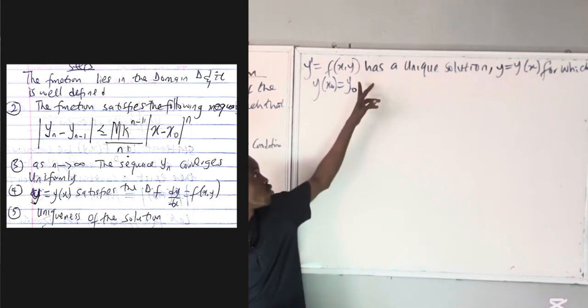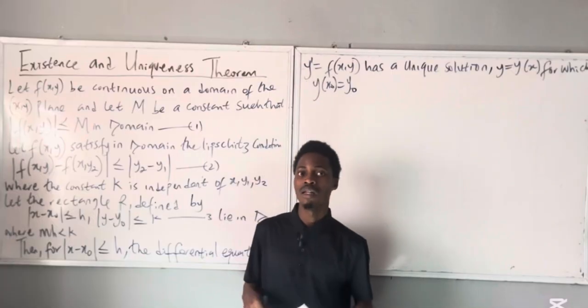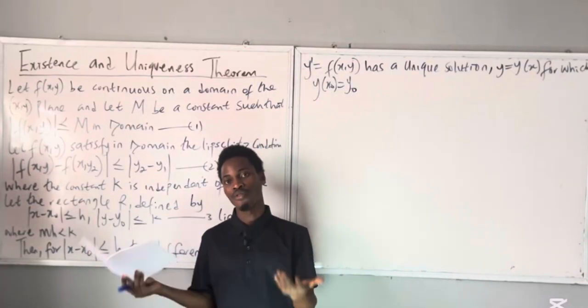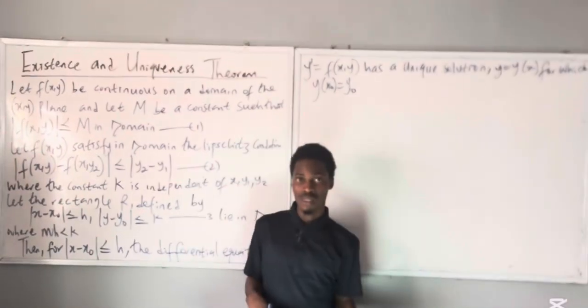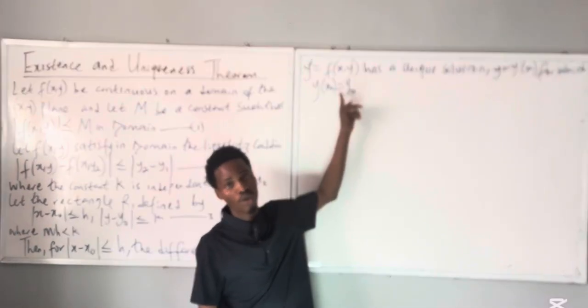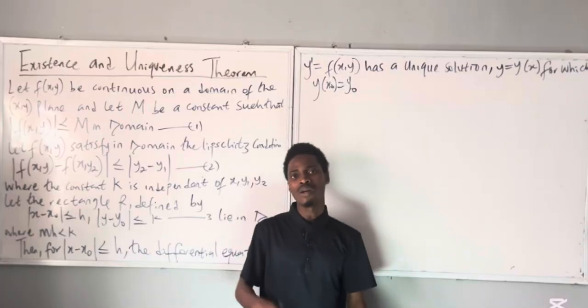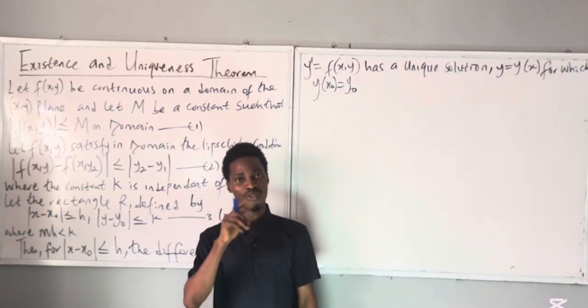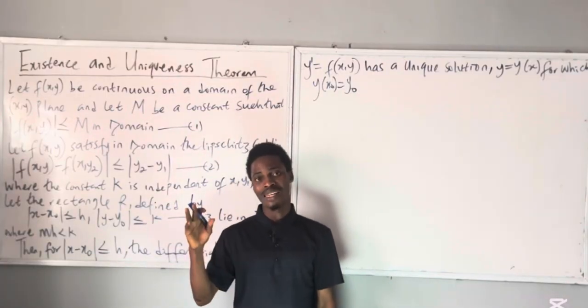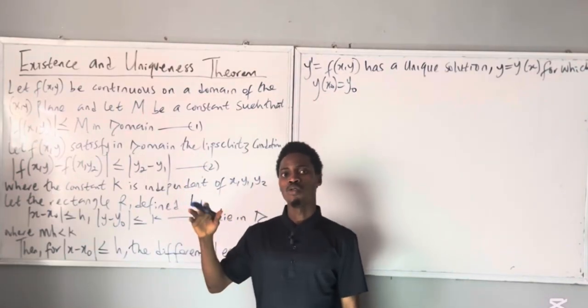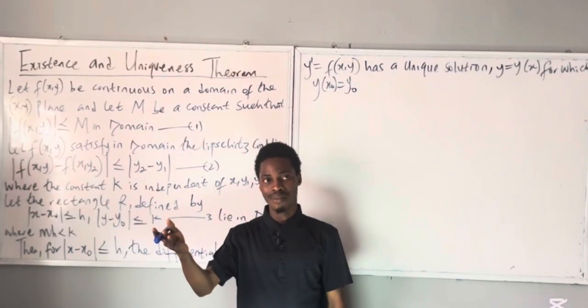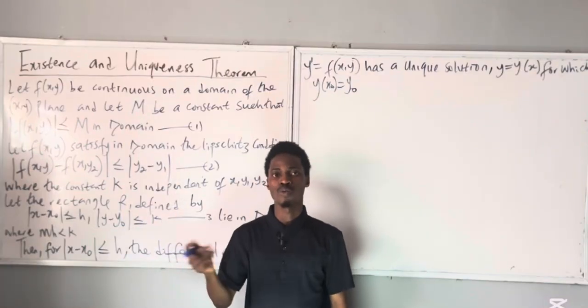Then if you show that this has a unique solution, as I explained previously, it must be continuous on the initial condition. What I explained in our previous lesson is the Picard existence and uniqueness theorem. It's also related to this. In that one we were given the statement and we showed it with an example.